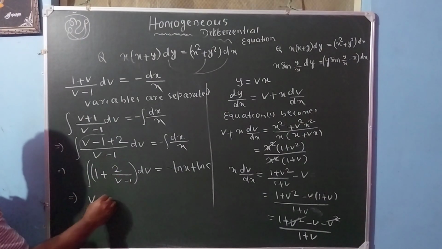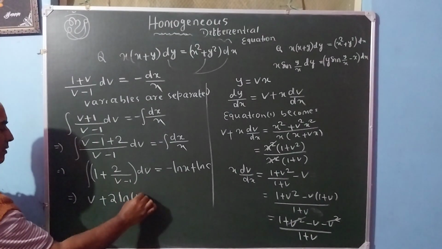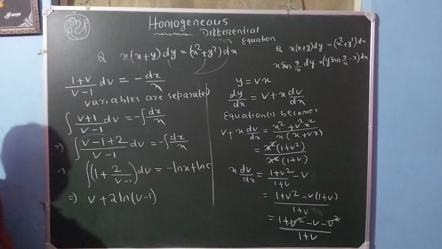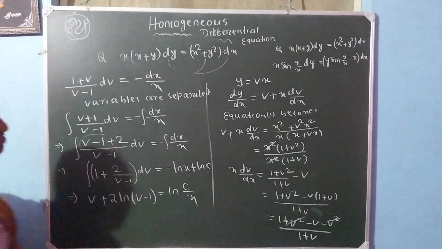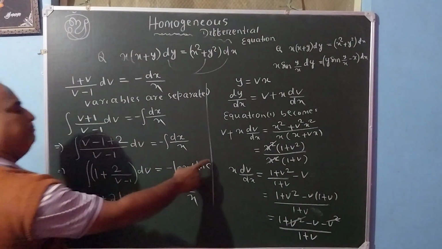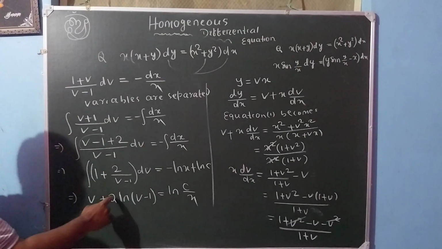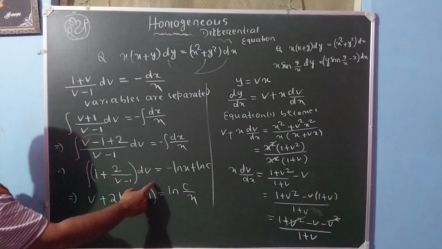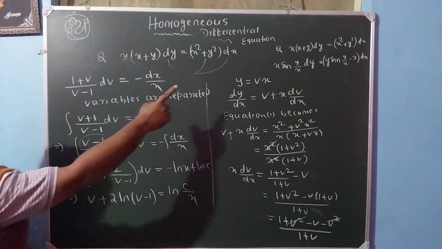Integration of 2 by v minus 1 is ln of c by x. ln a minus ln b is ln of a by b. Now this 2 will go to this v. In place of v, we have to put y by x.